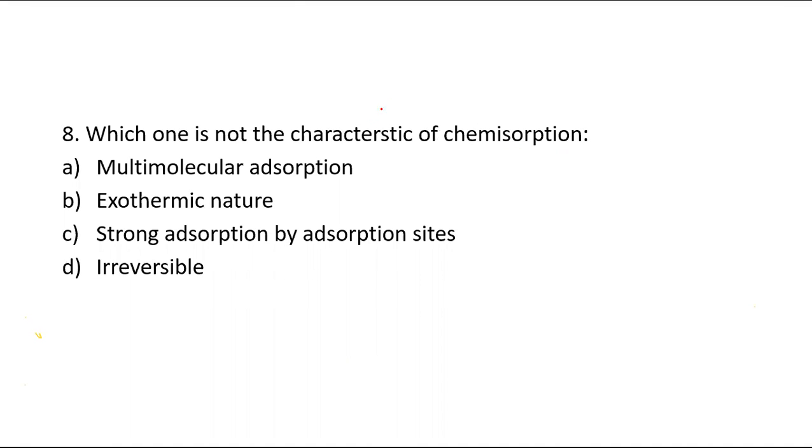Which one is not the characteristic of chemisorption? Multimolecular adsorption. Yes, I forgot to tell you. See, chemisorption is always unimolecular. Since chemisorption is highly specific, it selects only the gas or liquid that matches its covalent bond electrons, and thus it forms only a monolayer.